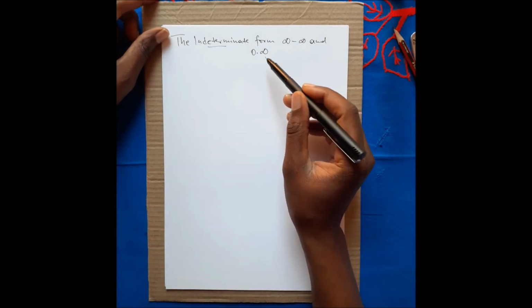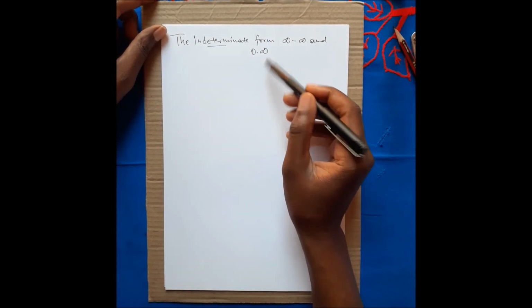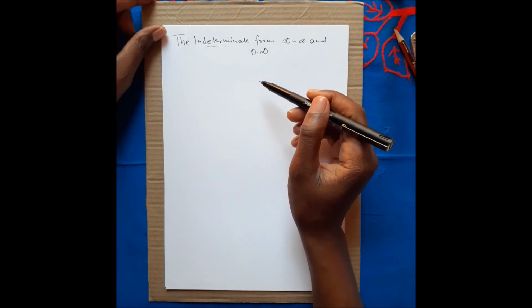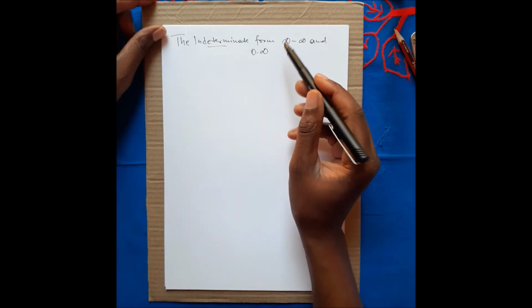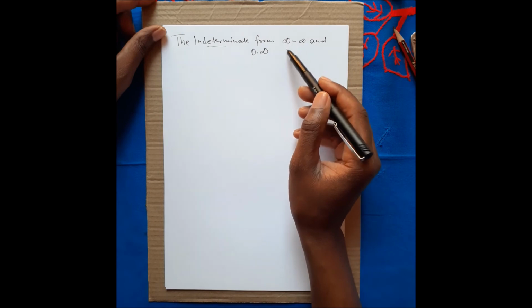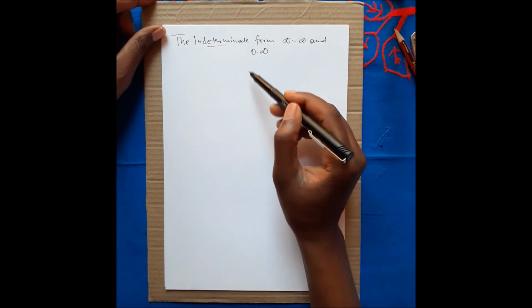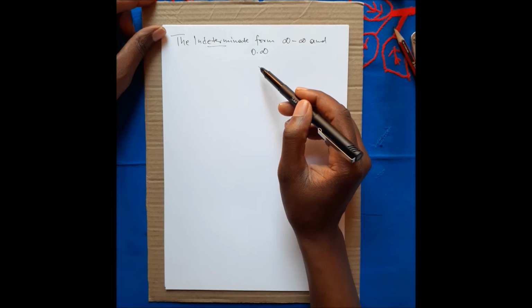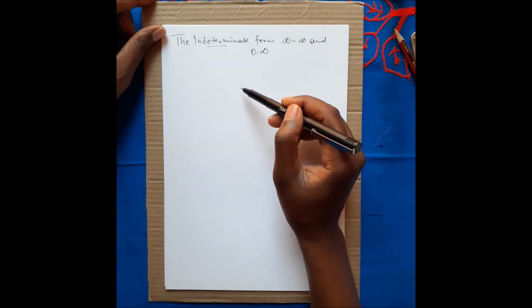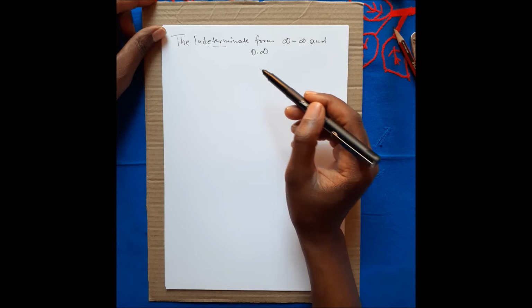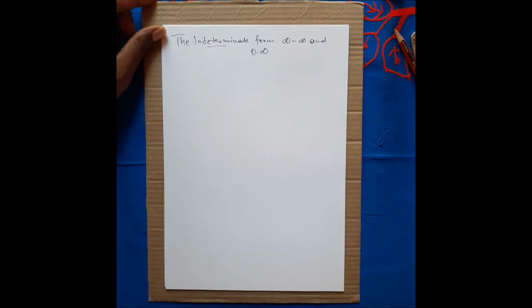It's meaningless. Similarly, we don't say 0 times infinity is infinity. So if we have this kind of indeterminate form, we manipulate the given expression until we get 0 over 0 or infinity over infinity, because that's when we are allowed to apply L'Hopital's rule.